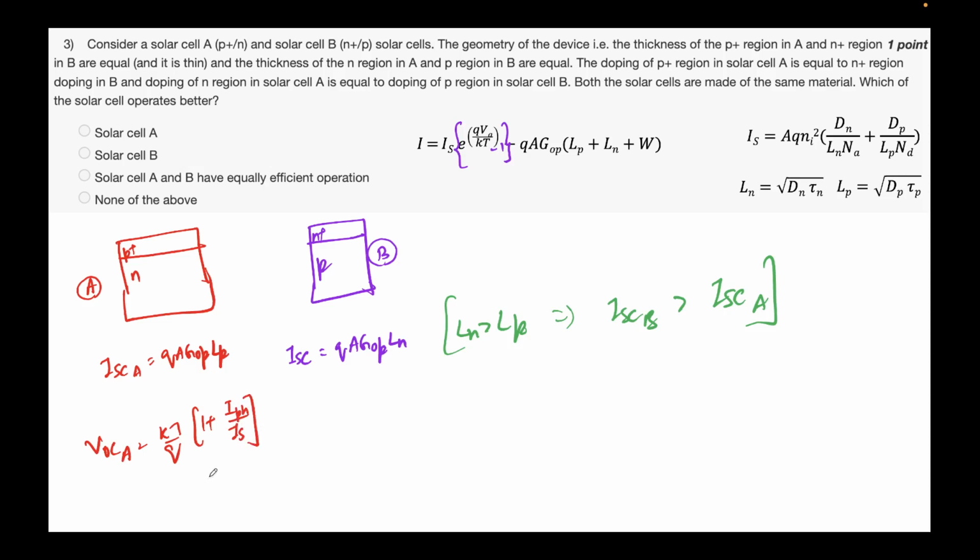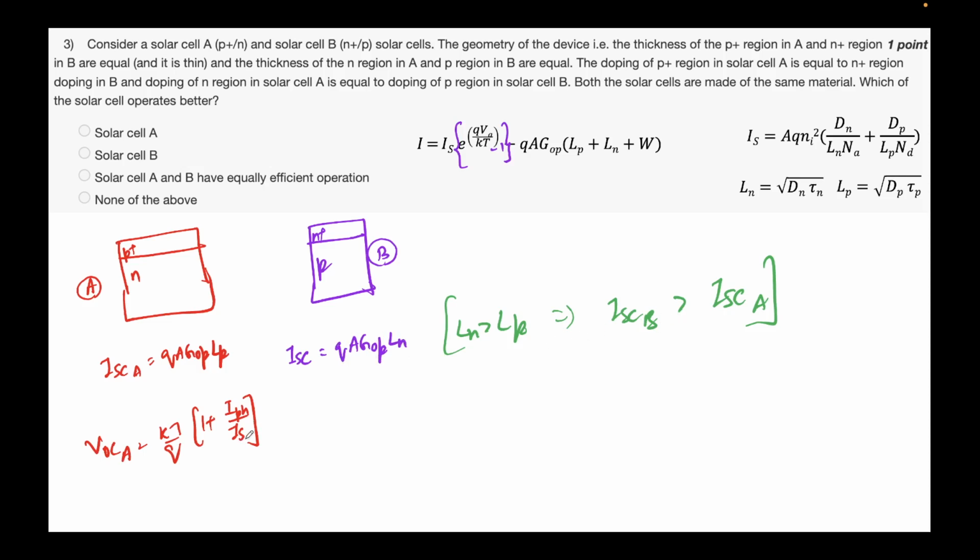That is the expression, right? IS is the reverse saturation current. KT by Q will be the same for both of these. The photocurrent, as we have seen, will be slightly higher for solar cell B, because LN is greater than LP. That's what we have established just now.